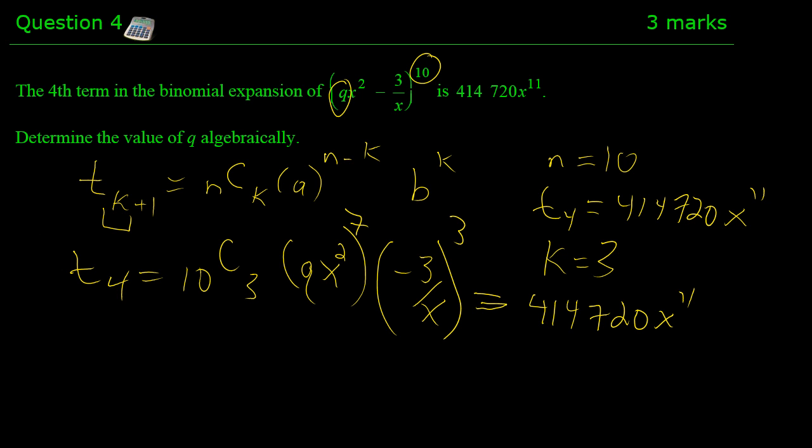So 10 choose 3, that's 10 factorial over 7 factorial, 3 factorial, from your formula sheet. And if we keep using our rules, you actually apply the exponent to both expressions, which people forget, but it's q to the 7, (x²) to the 7.